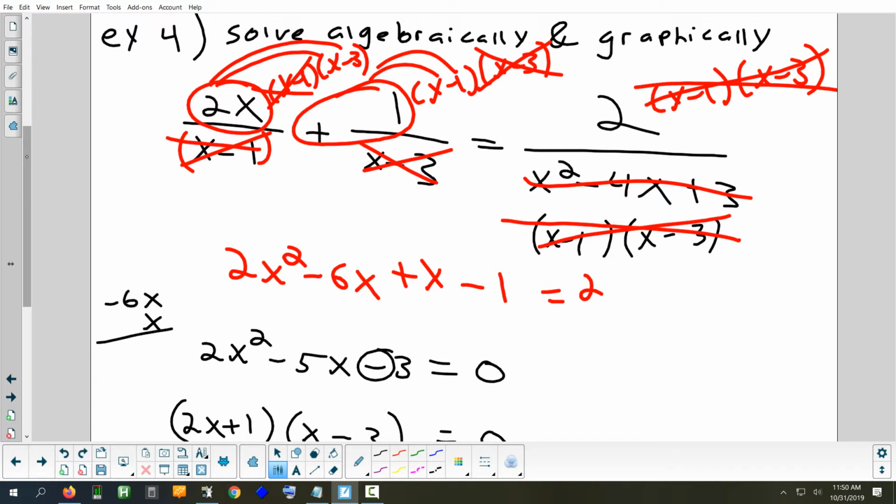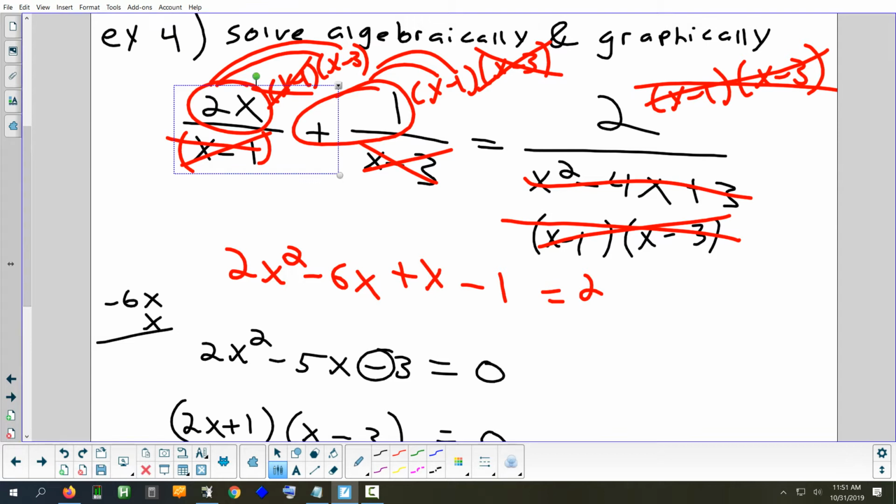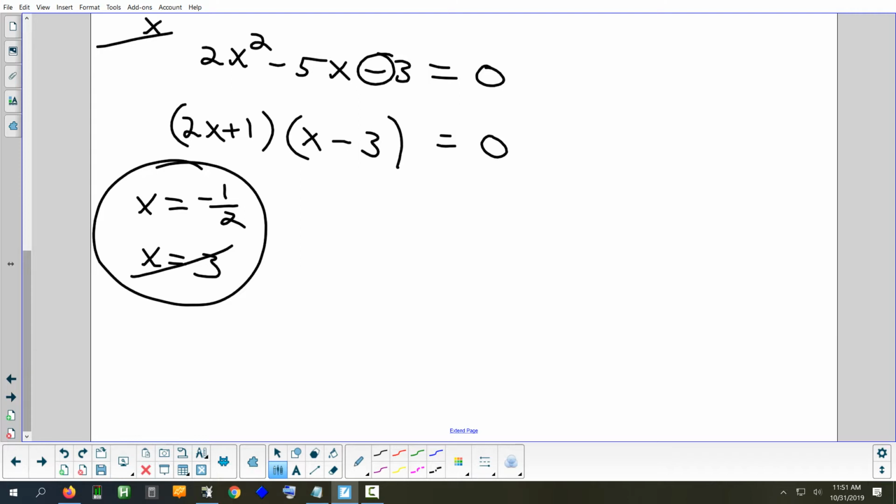What's going to happen if I plug in 3? I get 2 times 3, which is 6, over 3 minus 1, which is 2. Top is 1. What do you get in the bottom? 0. Can you do that? No. That answer doesn't work. So 3 is what we call an extraneous answer.